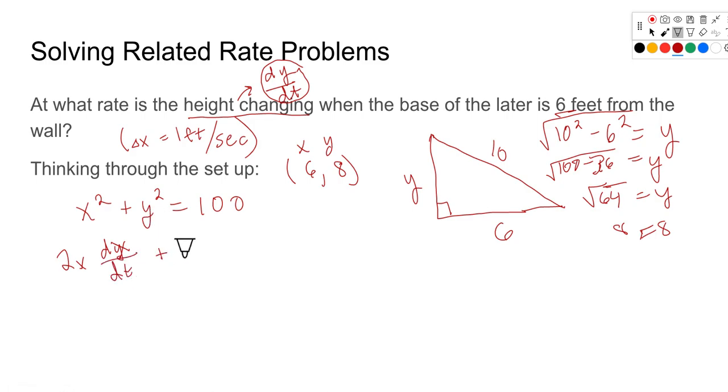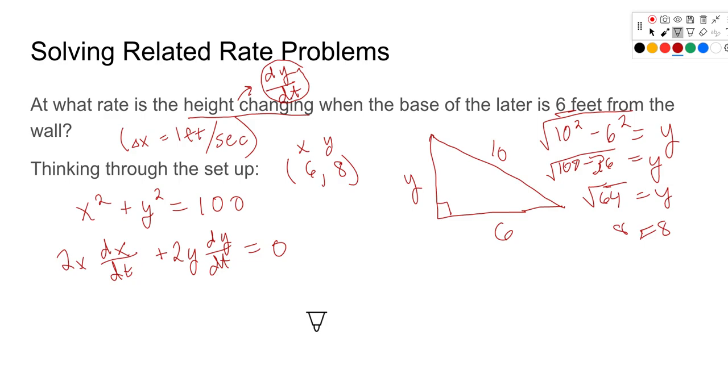We take the derivative of y, and we get 2y, right? The 2 comes down, subtract 1, that's y to the 1 power, and this is going to be dy dt. Then we take the derivative of 100, that's my favorite part, 0. I'm always right on those. The other ones I can mess up on, but constants are good.